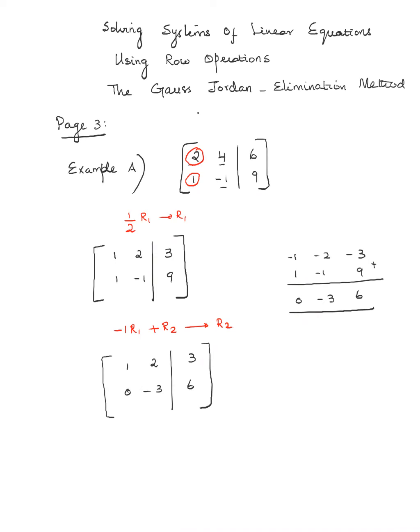So I'm going to write that step here. We are going to do -1/3 times R2, that goes to R2. So you keep the first row by itself. The second row is going to be 0, 1, -2.